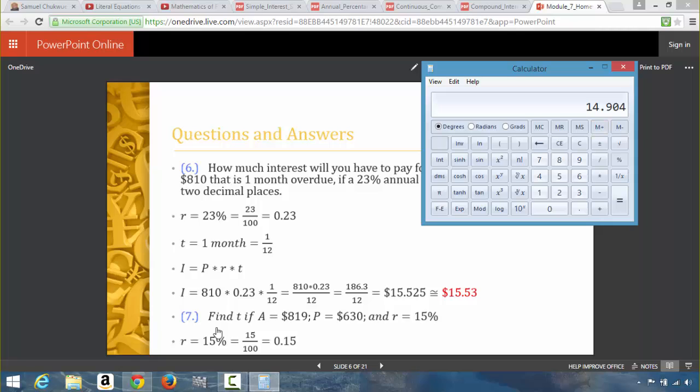So do not approximate. If you will know that any intermediate calculations will not give you an exact decimal, then don't approximate. Now, some other people might approximate to 0.083 times 0.23 times 810.